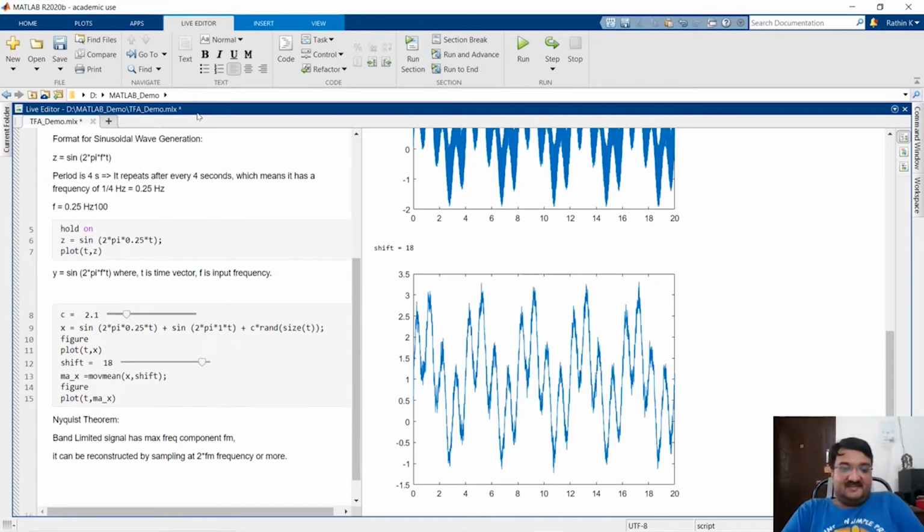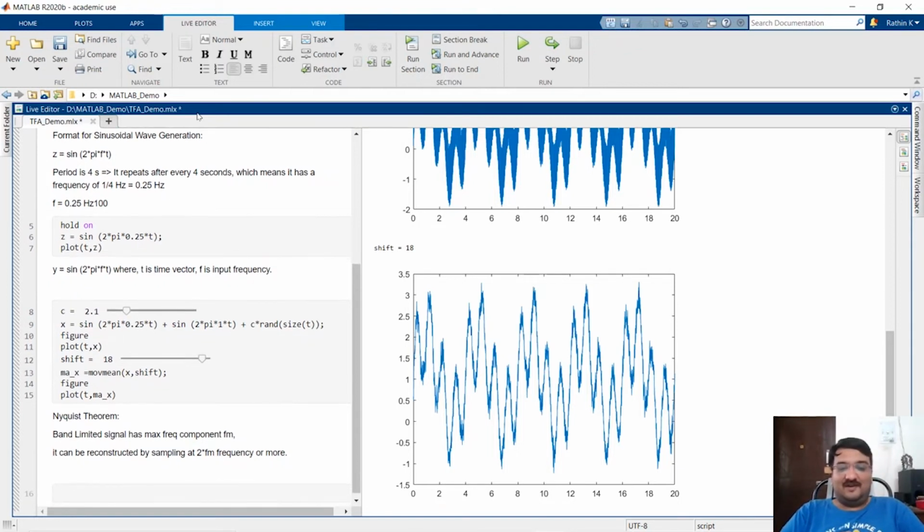What it says is you have any signal which has a frequency Fm, then there is something called sampling. Sampling is a process to discretize the continuous signal.